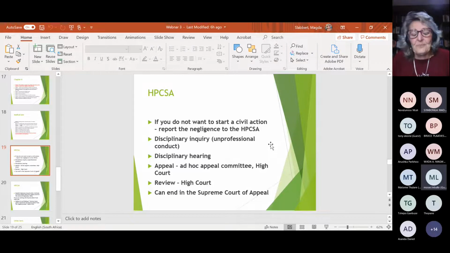of the decision. If the doctor or the health practitioner is not satisfied with the decision taken, he or she can appeal either to an ad hoc appeal committee, or he or she can appeal to the High Court. And that process you will also see in the De Bruin case, that he appealed to the High Court.